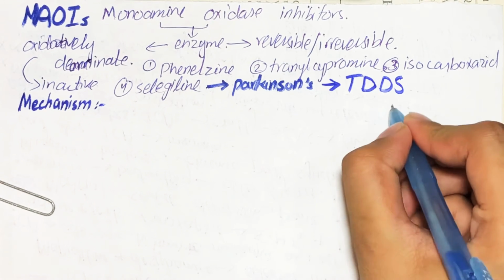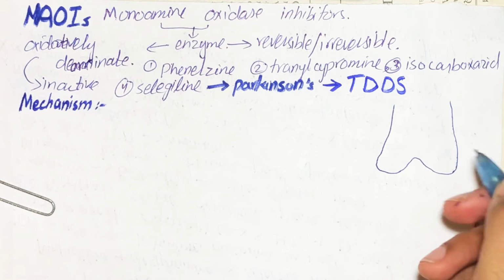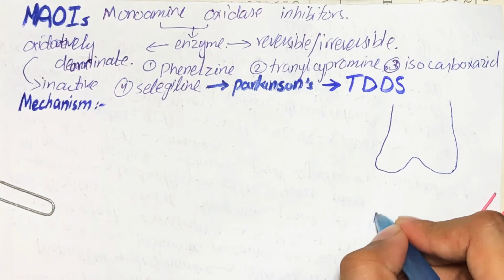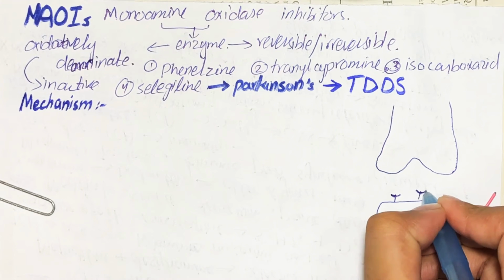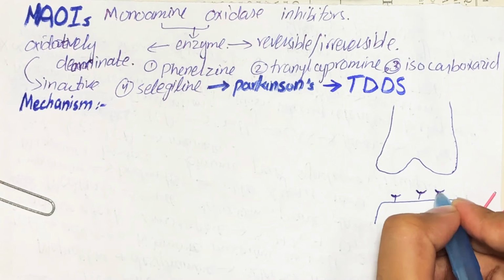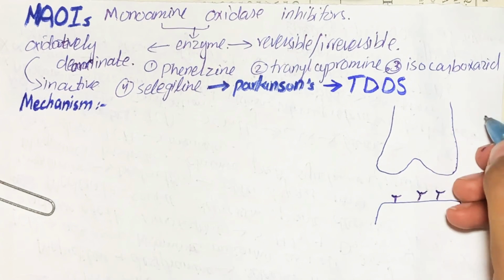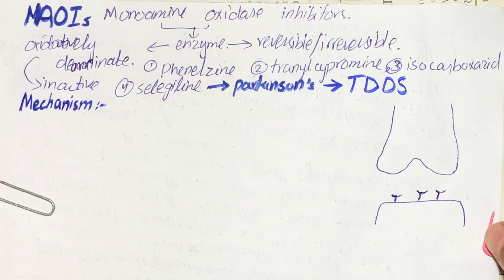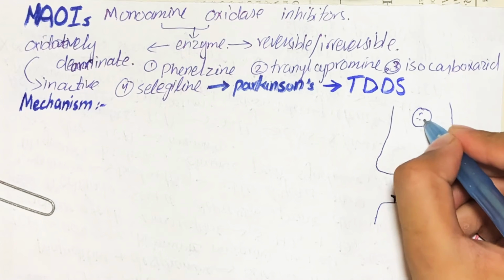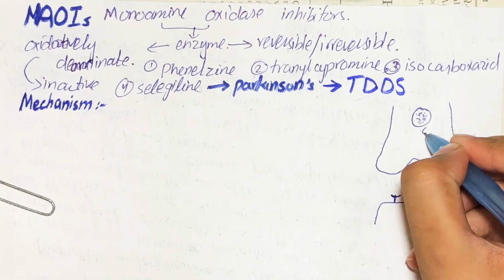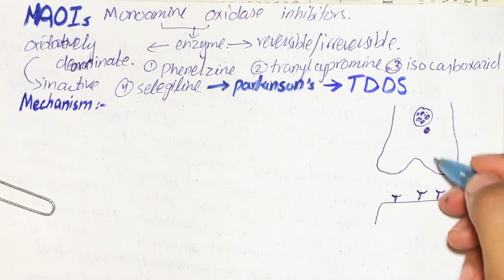Let's see, if this is the presynaptic neuron and this is the postsynaptic neuron. Over here there are different receptors present for the binding of neurotransmitters. So when there is no action potential and the neuron is at rest, what happens if there is some release of neurotransmitters from the vesicle into the cytoplasm of the neuron?